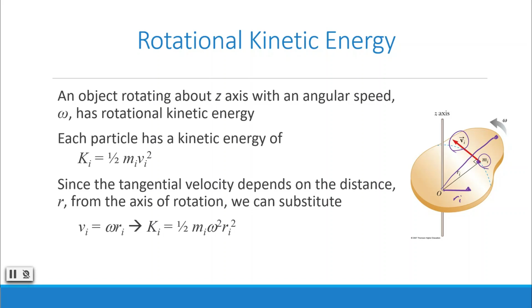So when you start looking at the linear versus the angular, you can use v_i = omega r_i here to convert that tangential velocity into an angular velocity. So if we make that substitution in here, what you get is that the kinetic energy of one of those individual points is going to be 1/2 m_i omega squared r_i squared.